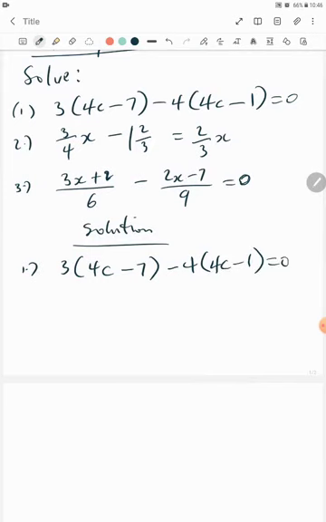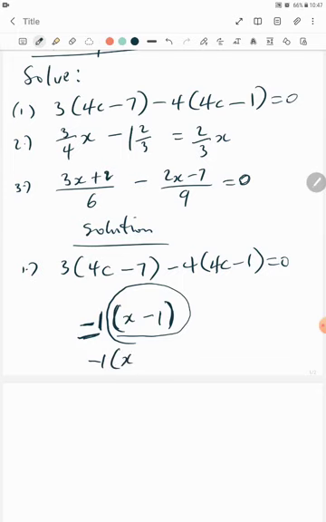So let me first say this, that in mathematics, when you're dealing with equations, you have to pay attention to, most importantly, the negative sign. When you have a negative sign dealing with a bracket like this, you should note that this negative sign will affect everything in this bracket. So you are using this negative sign to open this bracket.